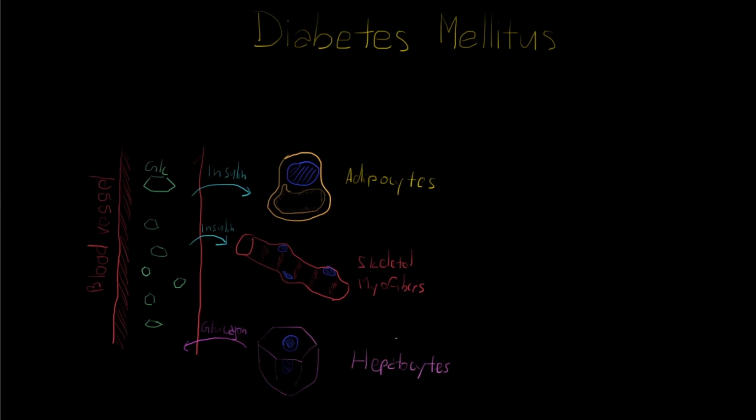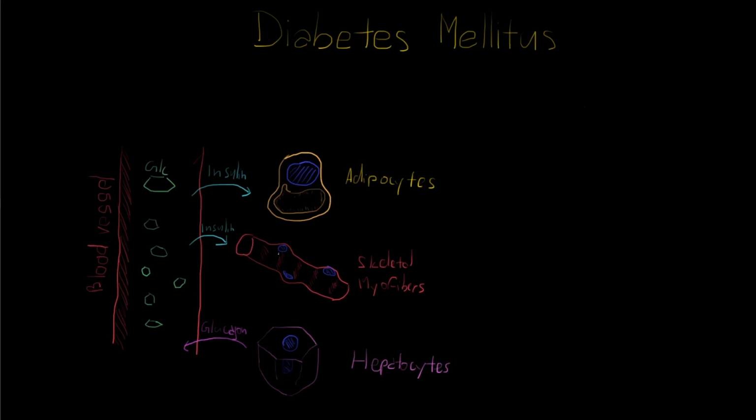So how the blood sugar levels are maintained is that these two hormones, insulin and glucagon, work together to either put more glucose inside the blood or take the glucose from the blood and put it back into cells, into the tissues that are insulin sensitive.